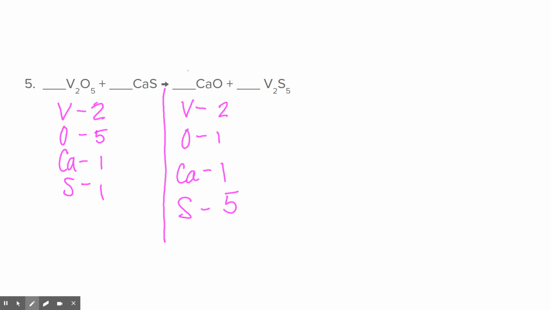So in order to make them match, I'm going to write a 5 here in front of my calcium oxide. That changes my oxygen to 5. It also changes my calcium to 5. So now the two that don't match are my calcium and sulfur. They both need to be 5. So I add a 5 right here in front of my calcium sulfide. And everything is then balanced.